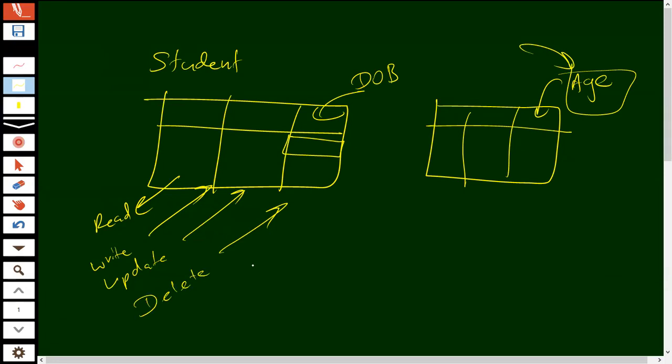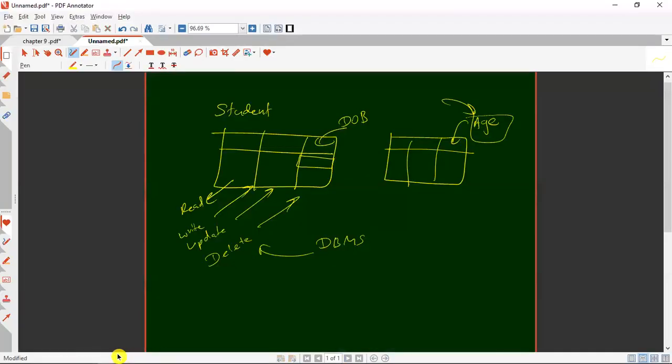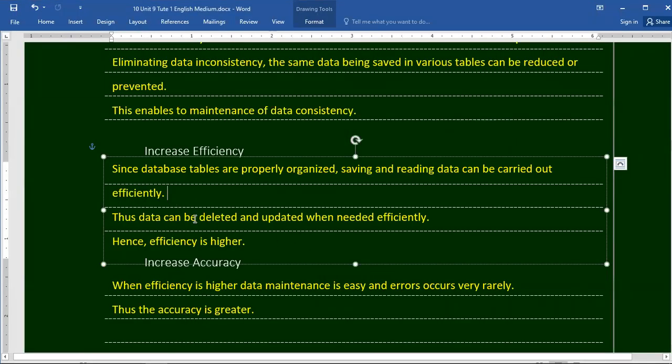All the features are enabled by database management systems, database management software like Access. DBMS features: read, write, update, delete. These functions can be easily done when we keep data in an organized way. That is how we increase the efficiency of database, right? Right, start to write.